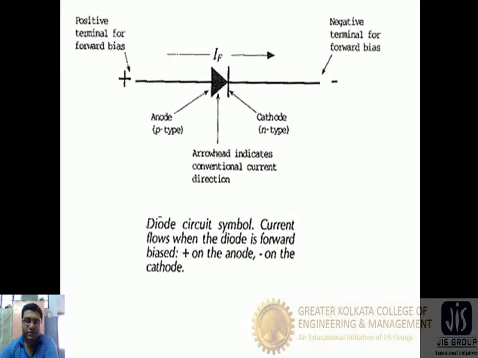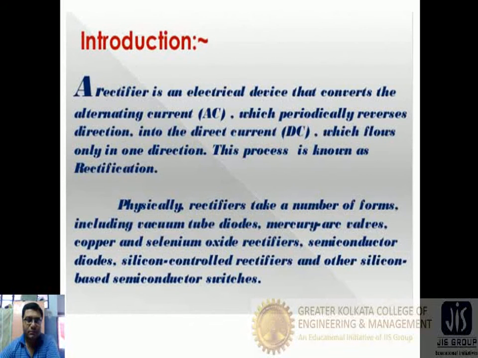The main operation of the diode is to conduct when the diode is in forward bias, and when the diode is in reverse bias it opposes the current flow. So let's see how this diode can be used to build a rectifier. First comes the rectifier.